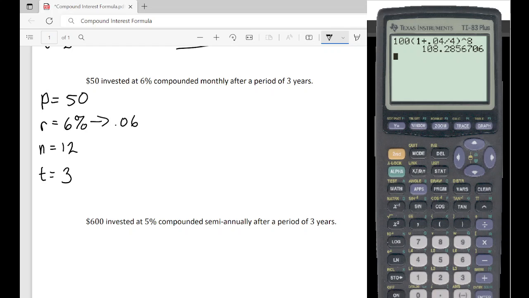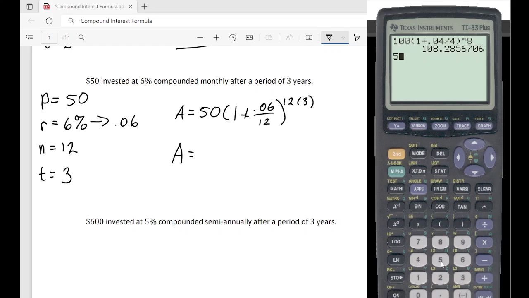So we now have everything we need, so we're going to plug it into our formula. So our amount equals 50 times 1 plus 0.06 divided by 12 raised to the 12 times 3. And again, we just plug it into our calculator.